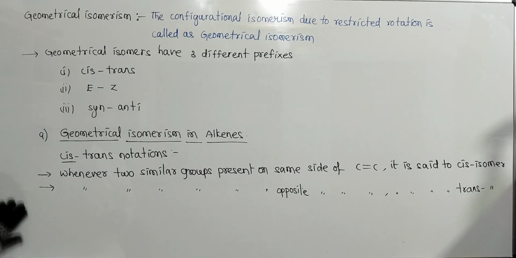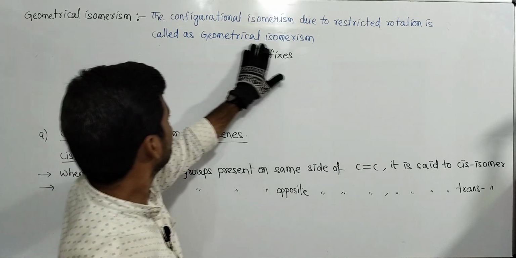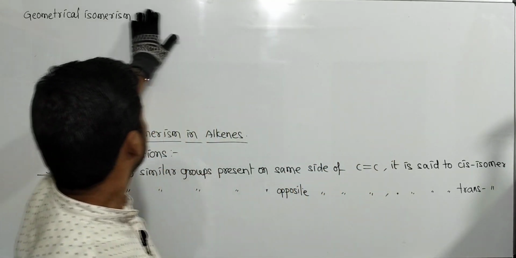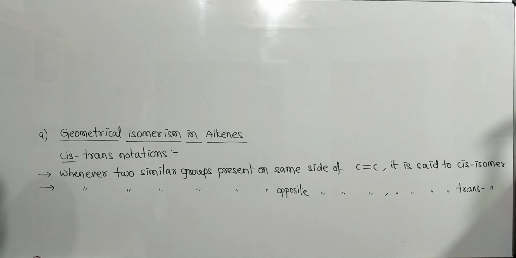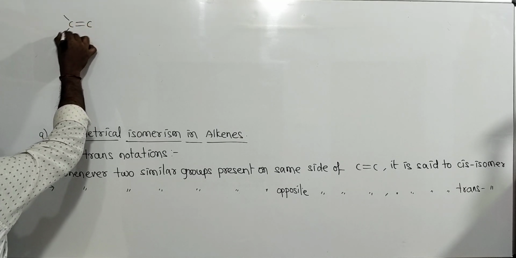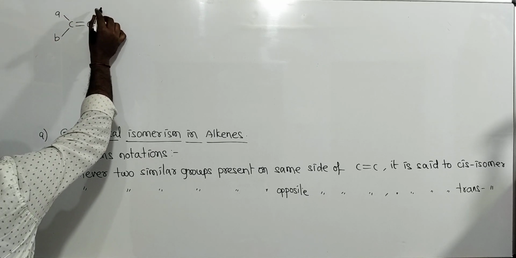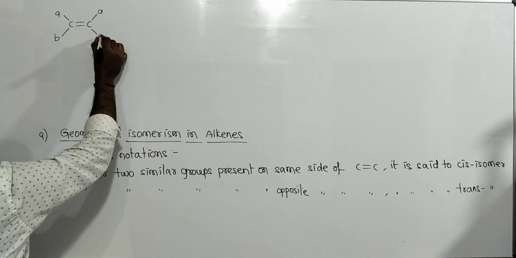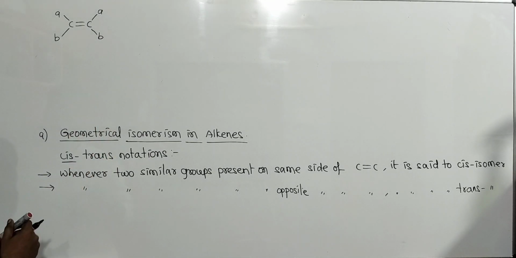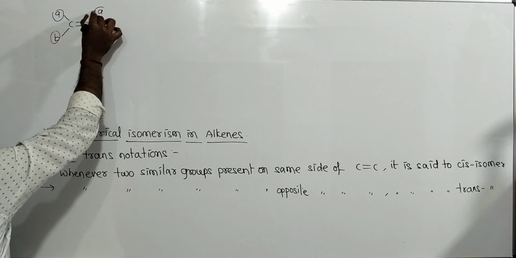Okay, take this example for cis-trans isomers. If the carbon-carbon double bond system is like this, with A, A on one carbon and B, B on the other, here similar groups, the B groups, are present on the same side, and with respect to A also, the A groups are similar and present on the same side.